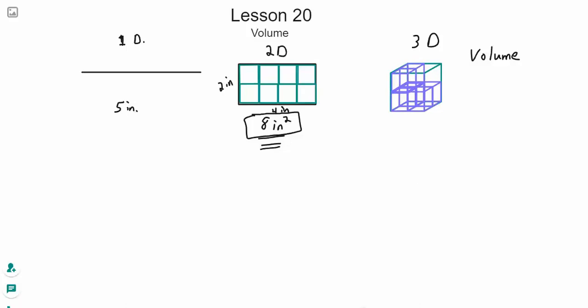We can fit yet another, and hopefully by this point you've figured out how many we're going to fit in here. We can fit one more. I know it's tricky to see, but it's in this front corner. So there we've got another row.